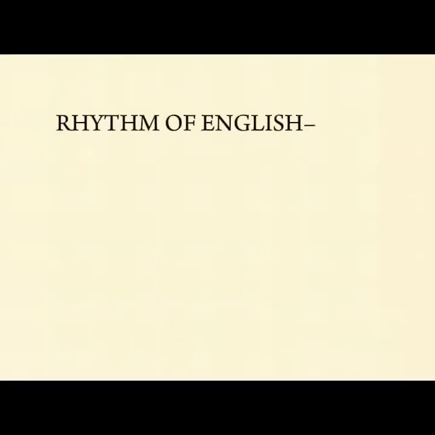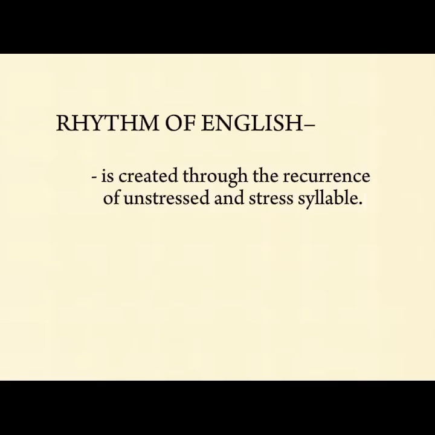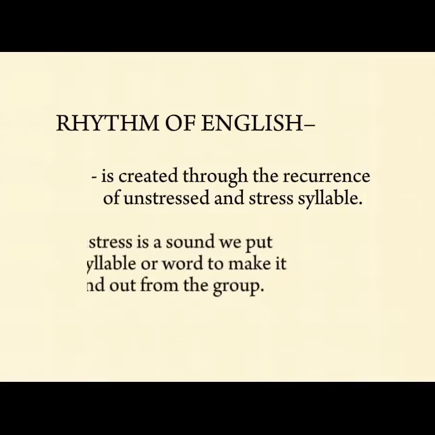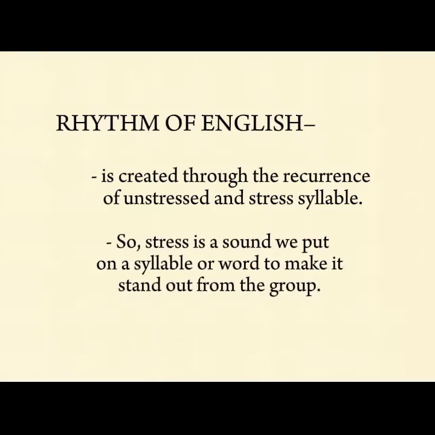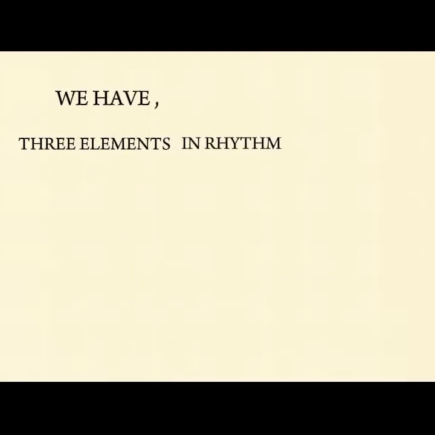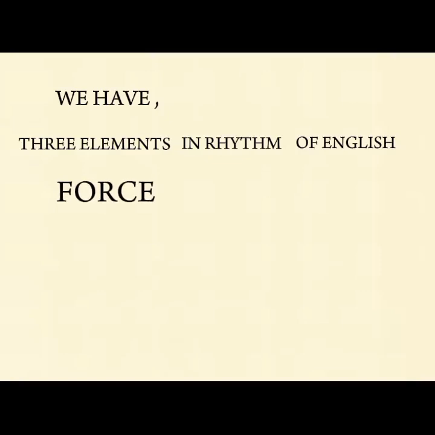Rhythm of English is created through the recurrence of unstressed and stressed syllables. So, stress is a sound we put on a syllable or word to make it stand out from the group. We have three elements in the rhythm of English. Number one is the force. What is force?